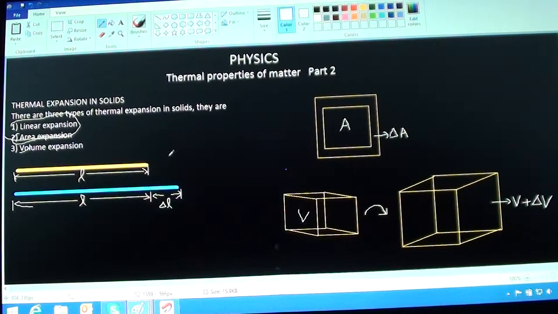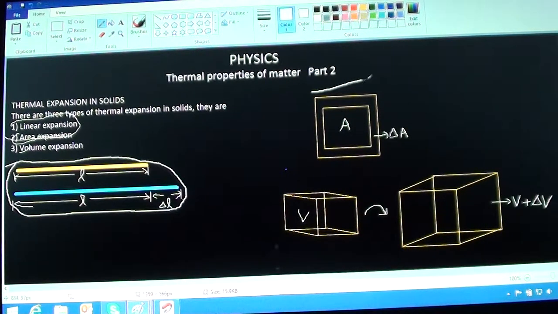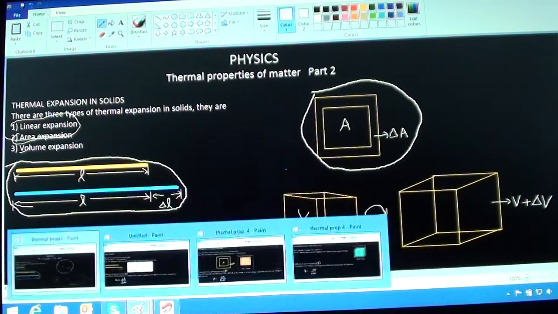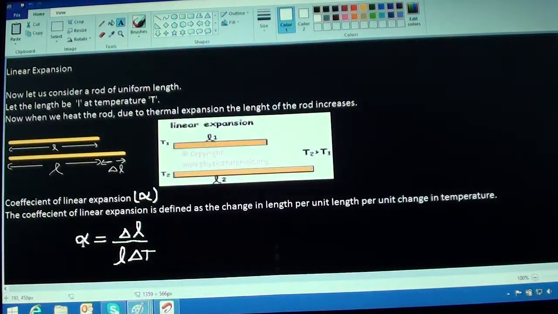In linear expansion, there is an increase in the length of the solid. In area expansion, as the name suggests, there is an increase in area, and in volume expansion, there is an increase in volume. So let's get deeper into these.